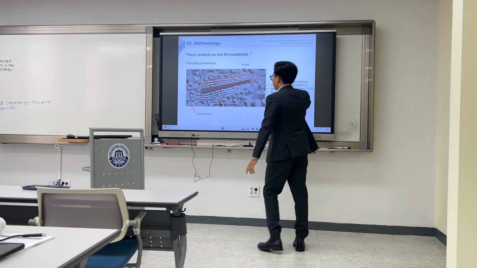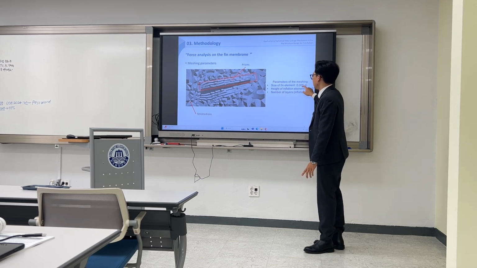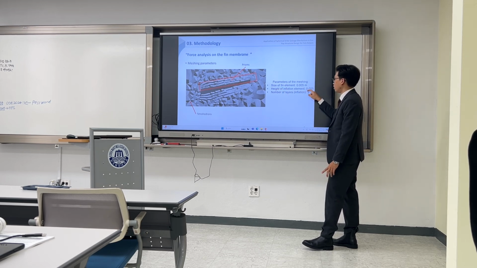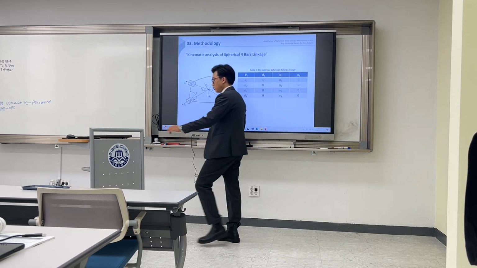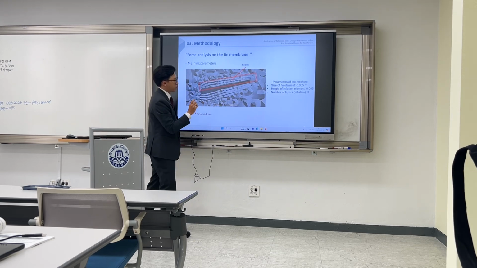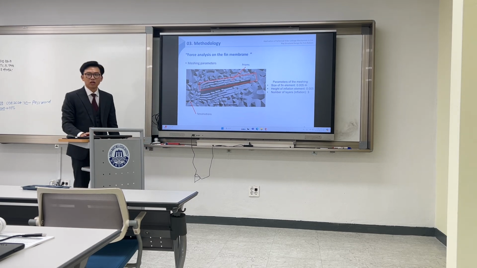The parameters of the meshing when we put into the simulation: the size of the fin element is according to this number, the height of the inflated element is according to this number, and the number of layers is 3. So these are the testing parameters we put into the simulation.